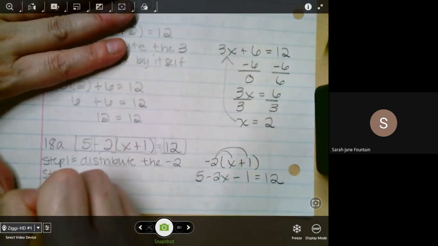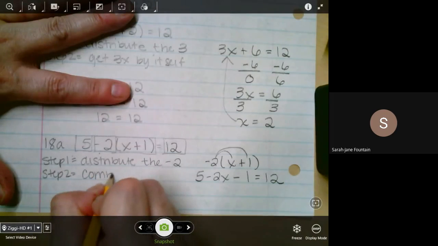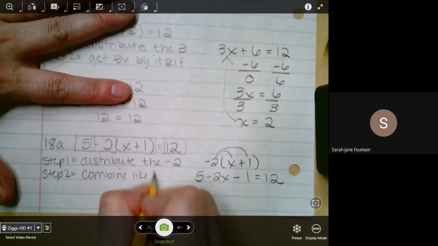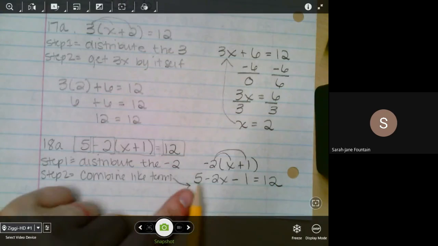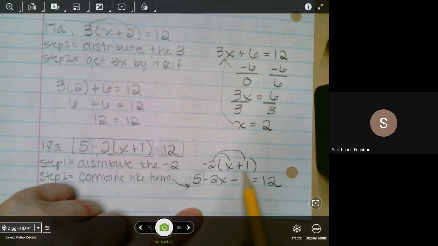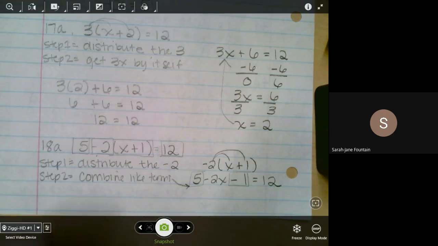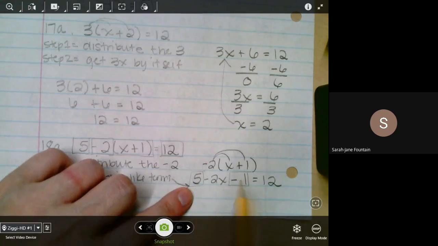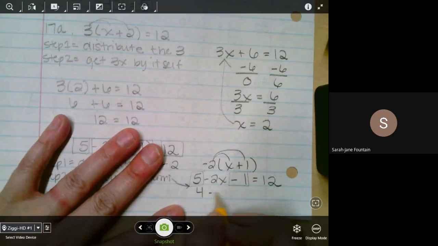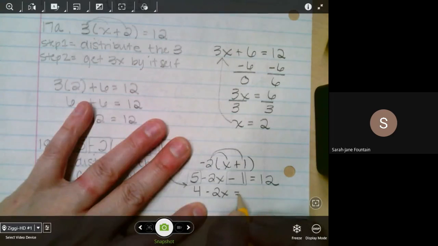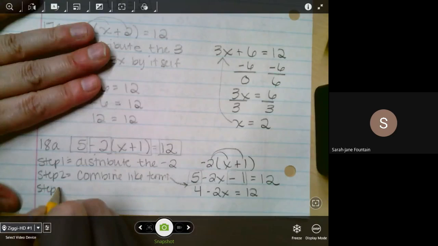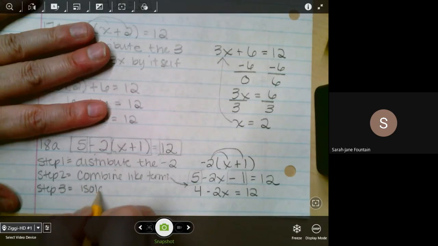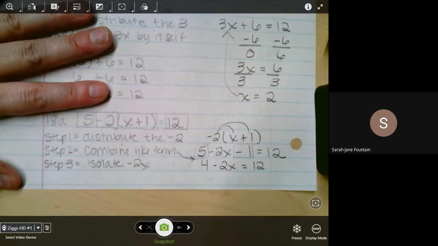Step 2. I'm going to combine like terms. Over on this side, I have 2 numbers without a variable. So now I'm going to do 5 minus 1. So now I have 4 minus 2x equals 12. Next step, I'm going to isolate the negative 2x.